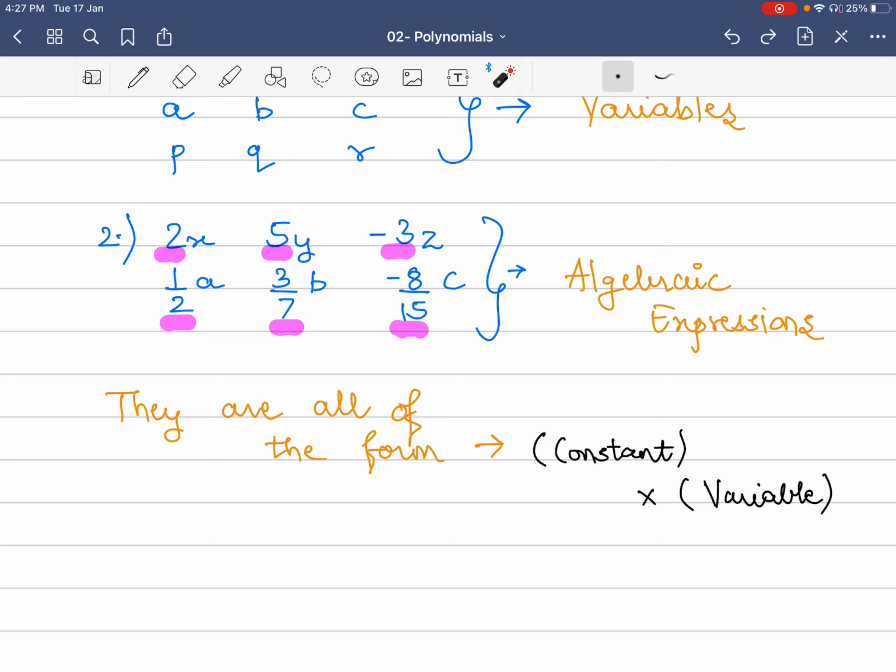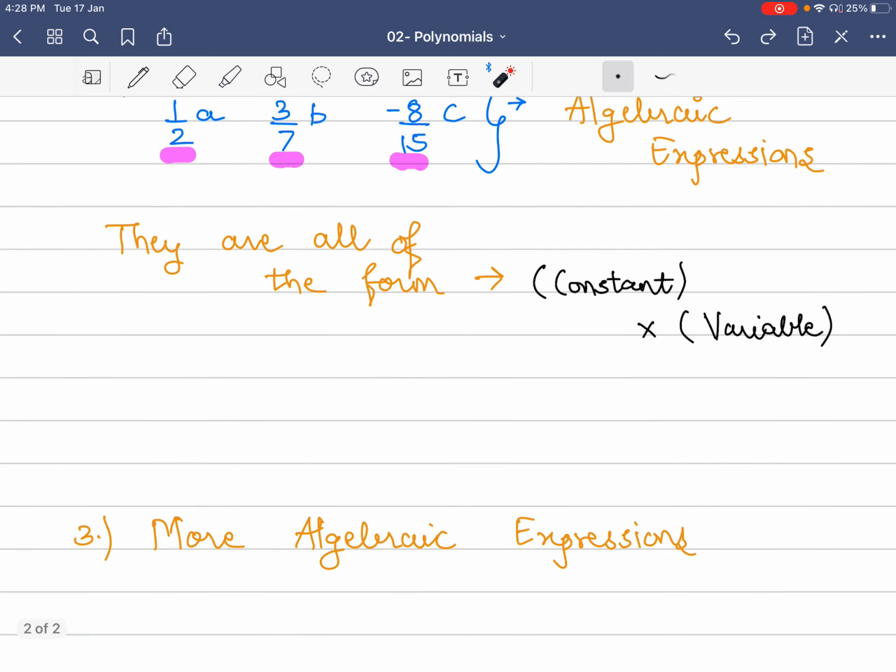What will be an algebraic expression? Very simple. An algebraic expression will be a constant which is multiplied by a variable. This constant is any number. It can be a whole number, it can be an integer like minus 3, it can be a rational number like 1 by 2, 3 by 7, minus 8 by 15. So all the algebraic expressions are of the form a constant multiplied by a variable.